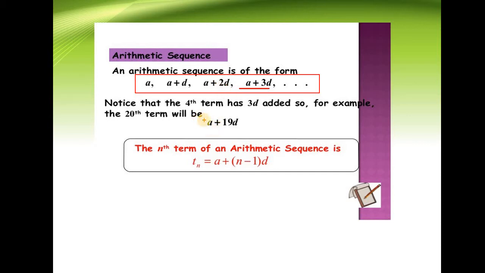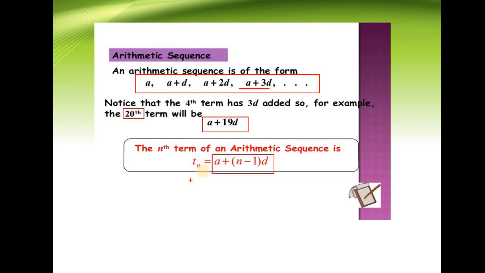So what does this term stand for? Here we see 19, so this will give us the 20th term. The 20th term of an arithmetic sequence will always be equal to a plus 19d. What is this term? Here we see a plus (n minus 1)d. So this will give us the nth term.